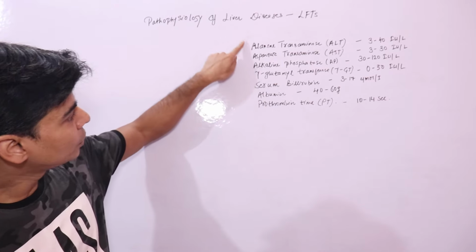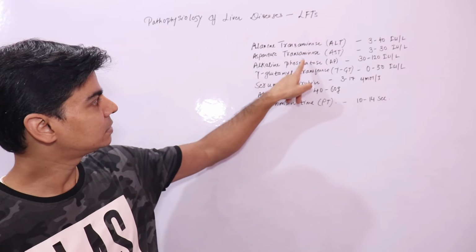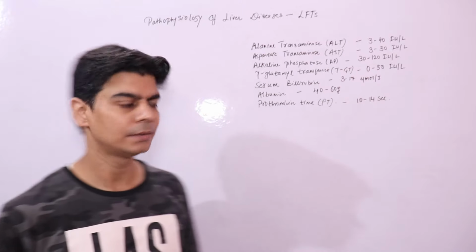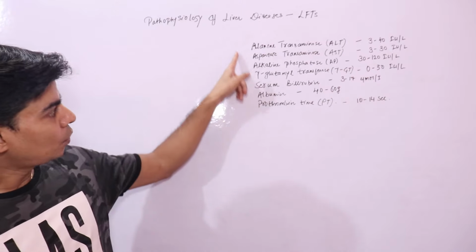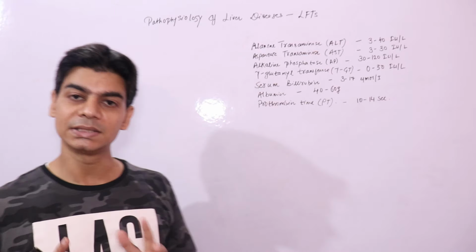And your first two, alanine transaminase and aspartate transaminase, are abbreviated as ALT and AST. All these are your enzymes.